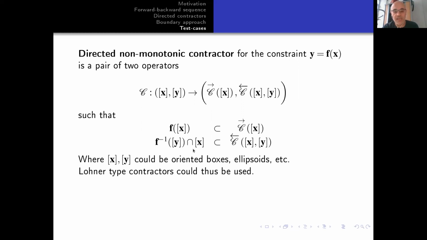So of course, we may lose some properties, but it allows us to have better contractors, by assuming that it may be non-monotonic. Of course, we would like to use oriented boxes, such as in the Lohner type algorithm, but also ellipsoids or other types of wrappers for my sets.